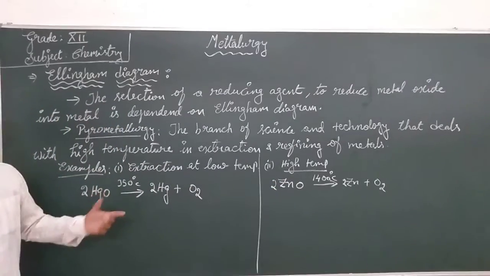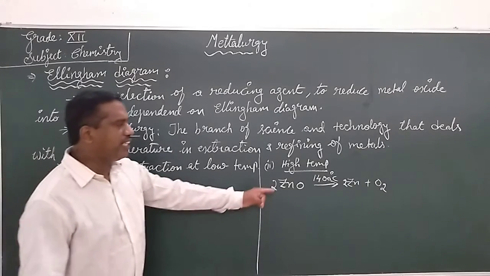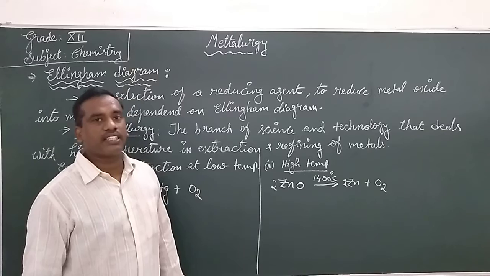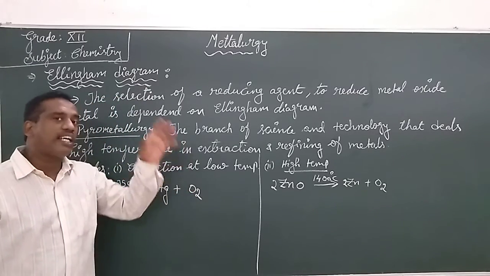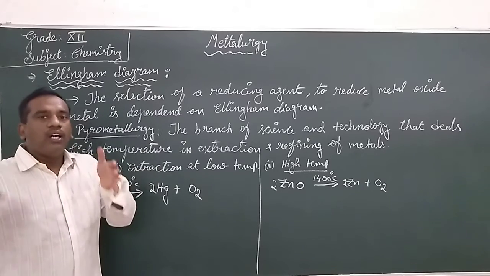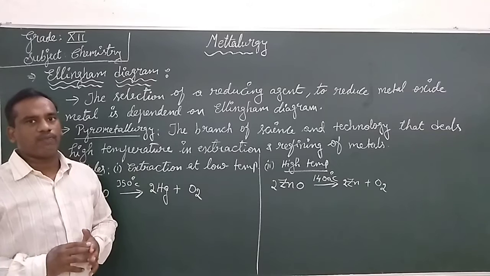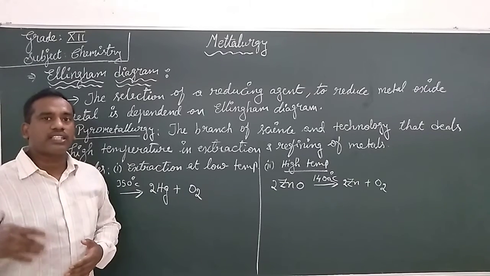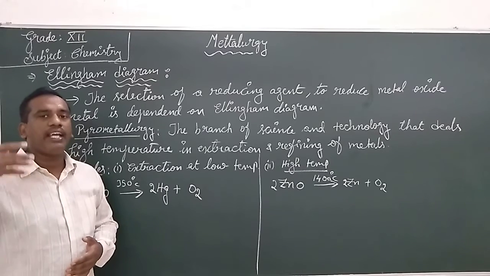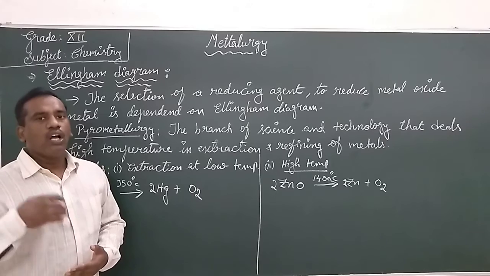So in these two cases, which is the highest temperature? 1400 degrees Celsius is the highest temperature. It means if you want to heat that metal oxide to the highest temperature, you must supply fuel for the purpose of heating. So it is not cost effective. You must give a very high energy input for it to decompose.